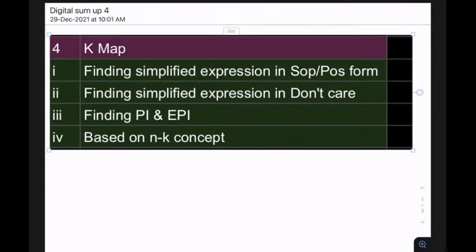Like in every case, here also I have given the classification based on which we are going to complete this topic. Mainly, the first category is finding simplified expression in SOP or POS form. The second is finding simplified expression in don't care cases, finding PI and EPI, and the N minus K concept, which is a formula actually.